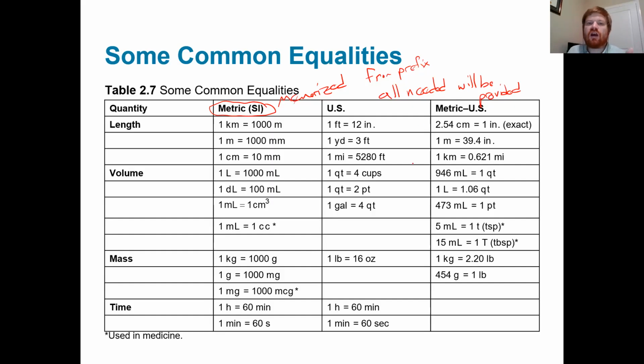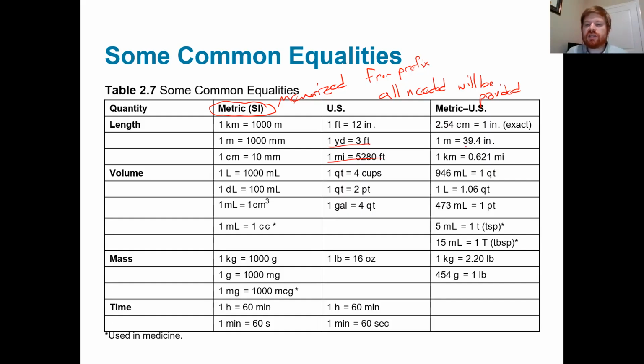Now, that said, it may not have all of the ones that you want. For example, I may give you 1 yard equals 3 feet and 1 mile equals 5,280 feet, but I may not give you that 1 mile equals that many yards. So you may need to do multiple conversion factors. It also might be helpful to memorize these to complete the test more quickly.